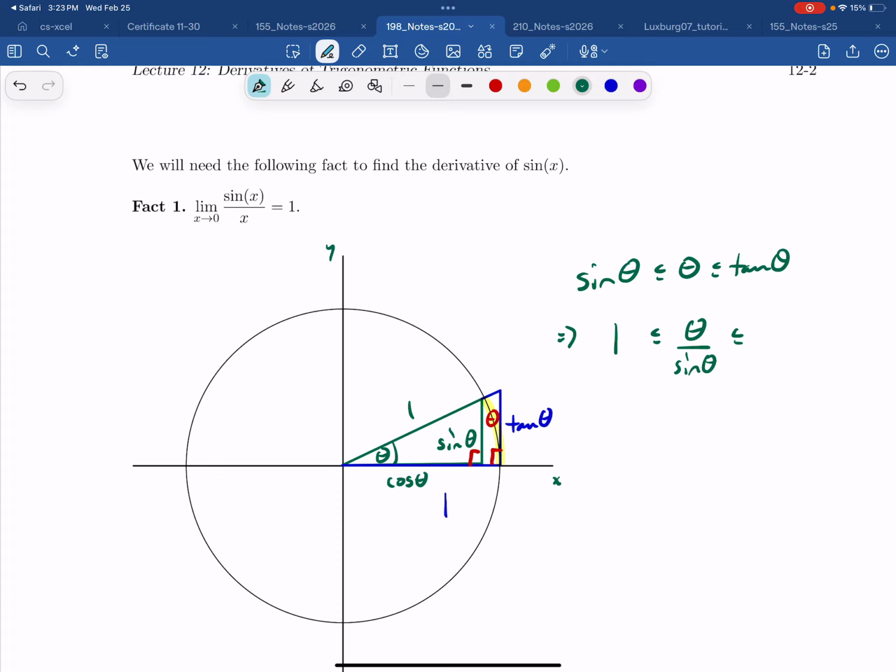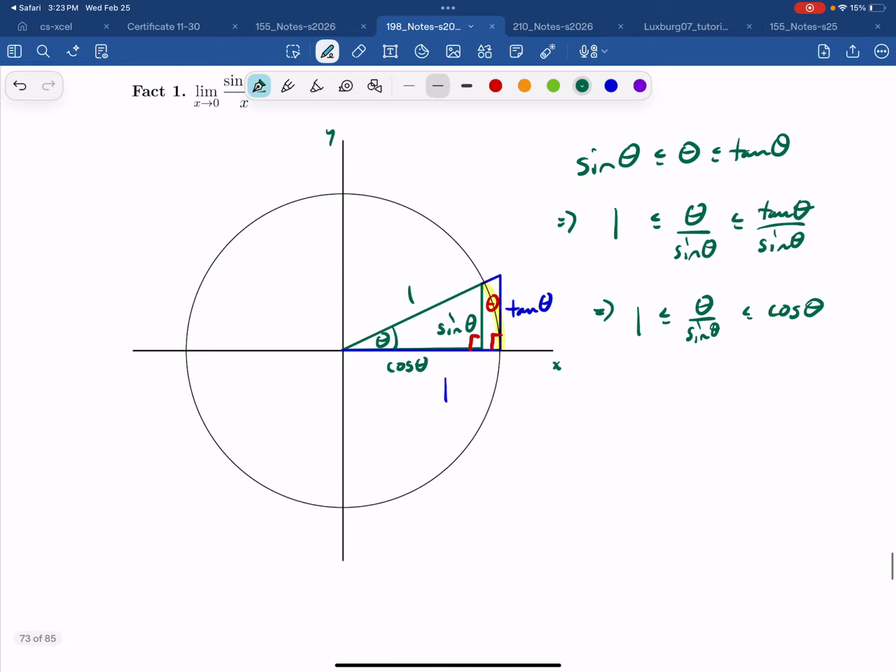And tangent of theta divided by sine theta reduces to 1 over cosine, so 1 is less than or equal to theta over sine of theta, less than or equal to 1 over cosine of theta. Then if you flip everything, reciprocal-wise, you get 1 is greater than or equal to sine of theta over theta, which is greater than or equal to cosine of theta.